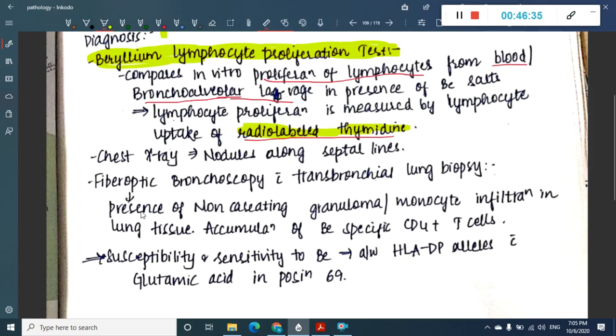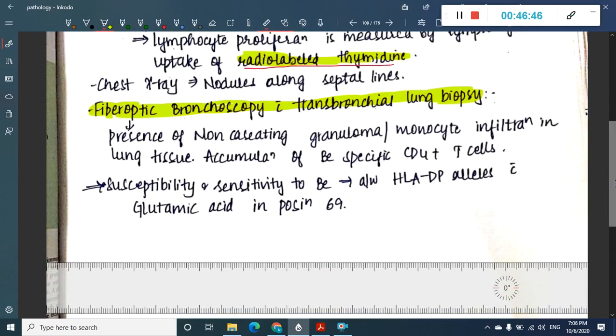Then you also have to do fiber optic bronchoscopy with transbronchial lung biopsy. When you do this, you will see two things. One, you see non-caseating granuloma or monocyte infiltration, and also you will see specific CD4 cells infiltration, which is a characteristic feature.